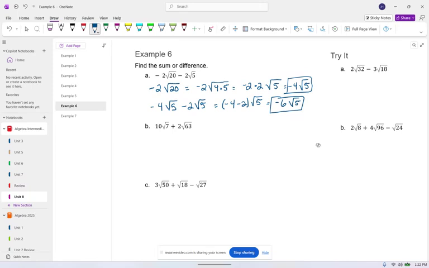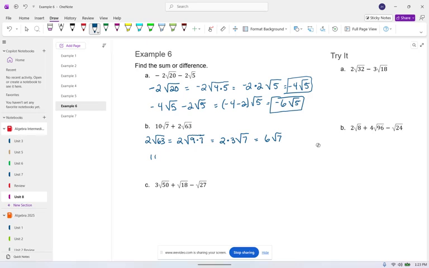Same thing on part B. We look at the square root of 7, that's fully simplified, but 2 square root of 63 is not. 2 square root of 63 can be rewritten as the square root of 9 times 7. 9 is a perfect square factor of 63. So this would be 2 times the square root of 9, which is 3, square root of 7, which would give us 6 square root of 7.